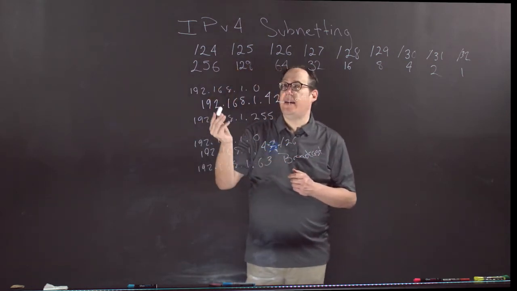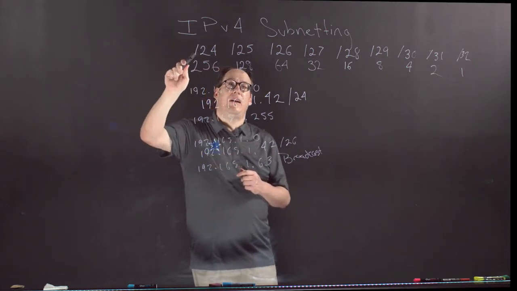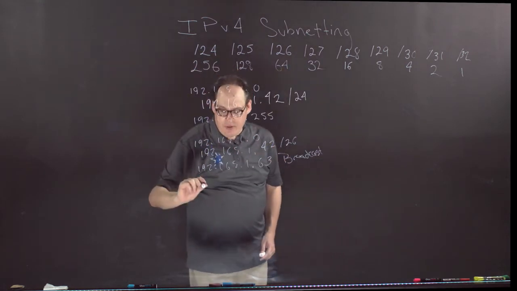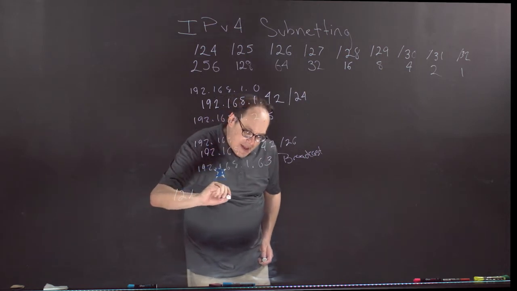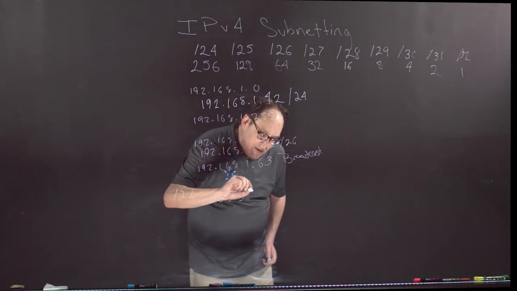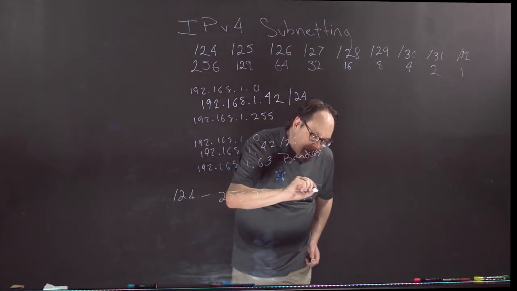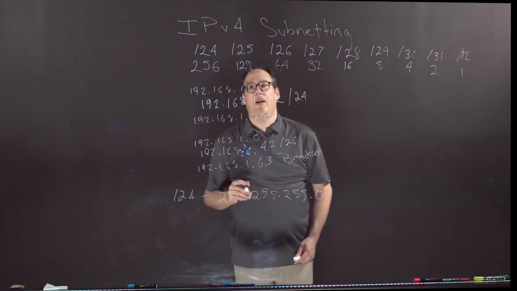In this case, the subnet mask is that all 24 bits are set. So in a /24, my subnet mask is 255.255.255.0.